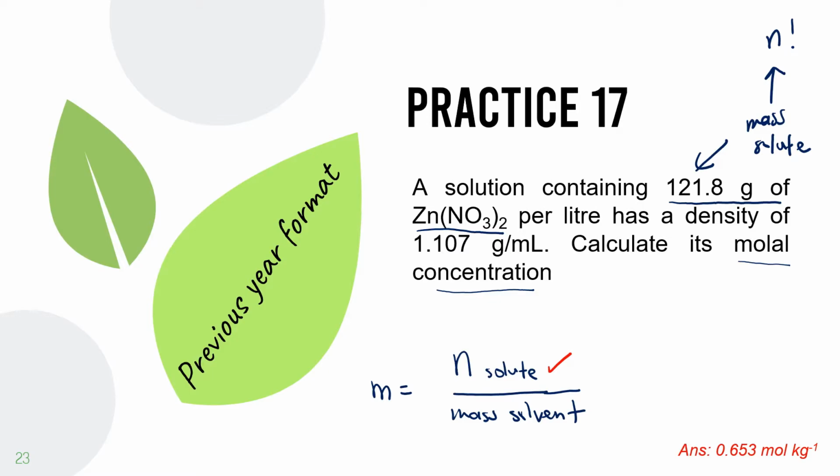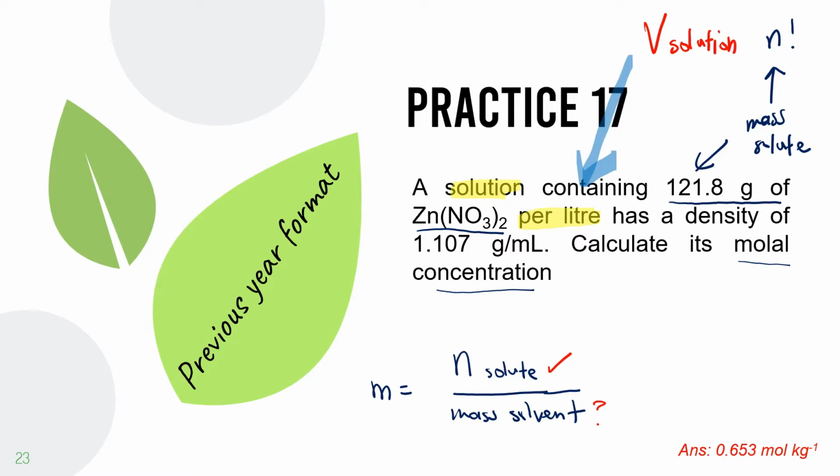And then, how to find the mass of solvent? According to the first statement here, a solution containing 1 to 1.8 gram of zinc nitrate per liter. The words per liter here are actually referring to the solution. So this per liter can be assumed as V of solution.